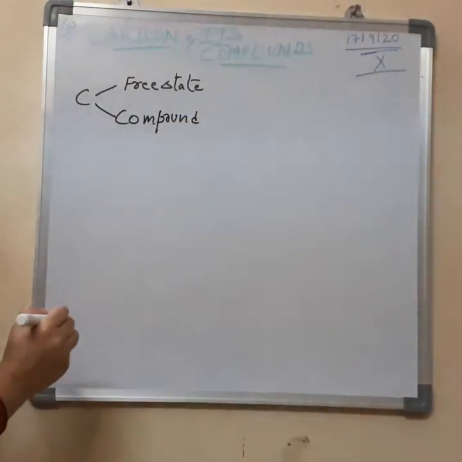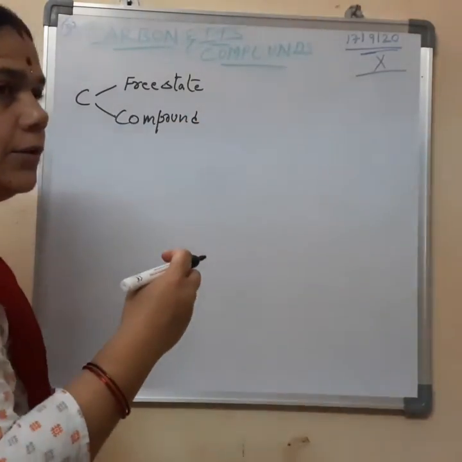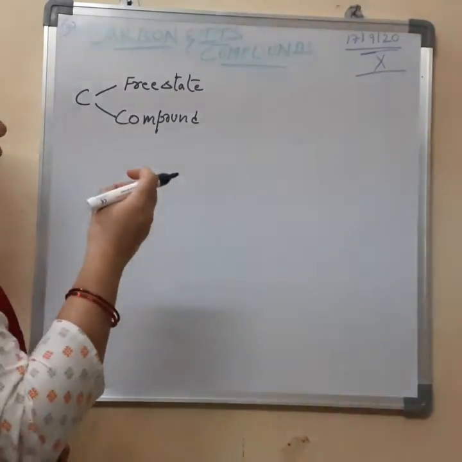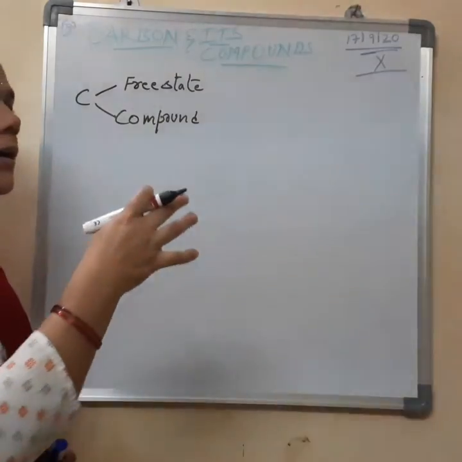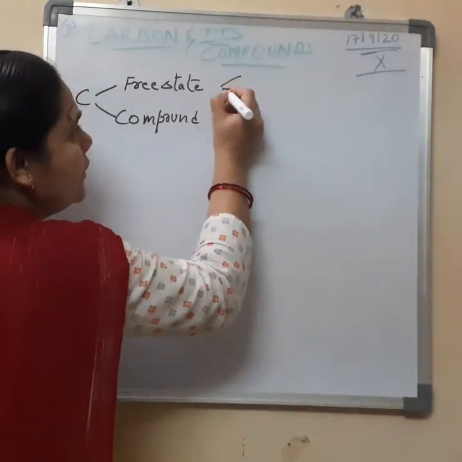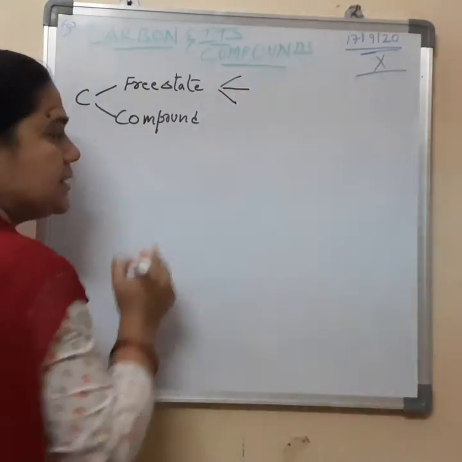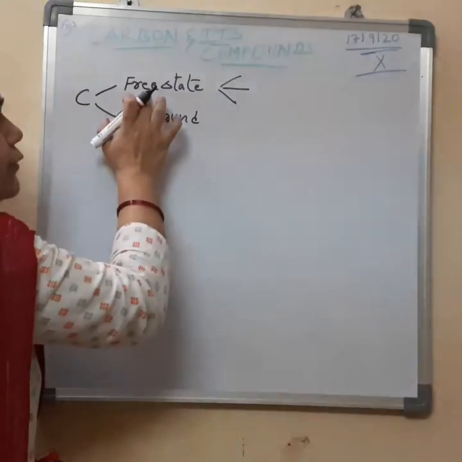Okay, children. Now, the free state, in the sense, the carbon itself is able to combine with another carbon atom in order to form a large complex compound. So because of this nature of combining with itself, carbon is able to exist in three forms in its free state.